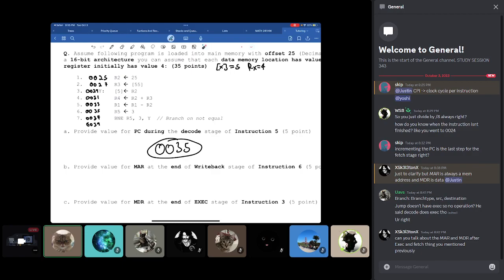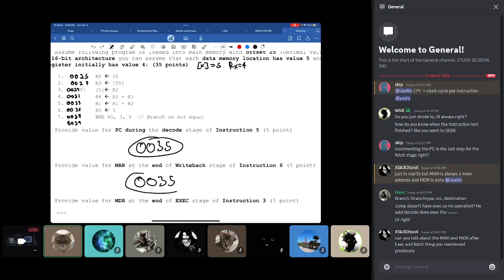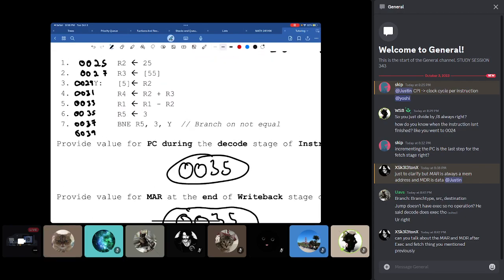And we know at the beginning of the fetch stage, the value in it is the address of our current instruction. So the answer again here would be 0035. It doesn't matter that we're at the end of the writeback stage, it's just a trick because R type never touches MAR after the fetch stage, right? We're on instruction 6 though. Yeah, that says instruction 6. Oh wait, never mind.